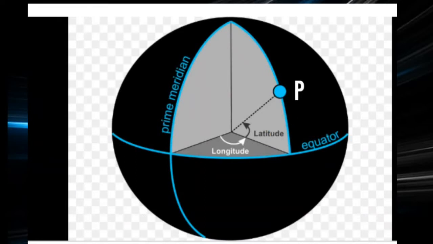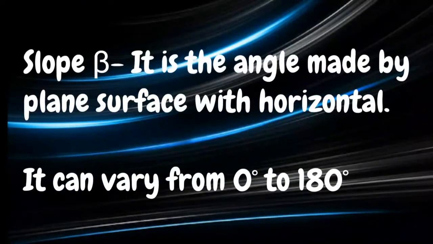Now we will move to the second term, slope. Its notation is beta. So what is its definition? It is the angle made by the plane surface with the horizontal. It can vary from 0 to 180 degrees. Now we will understand this concept with the help of the diagram.